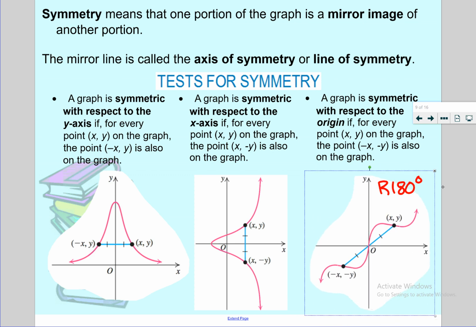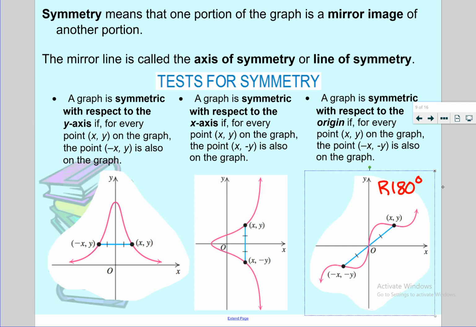Okay, now we can look at a picture and say, yeah, that's symmetric to the x-axis, the y-axis, or the origin, but we want to be able to do it mathematically. We don't want to just look at it and say, I kind of think it is, because who knows, maybe if I extend my graph further, it goes a different way and then it wouldn't be symmetric anymore.